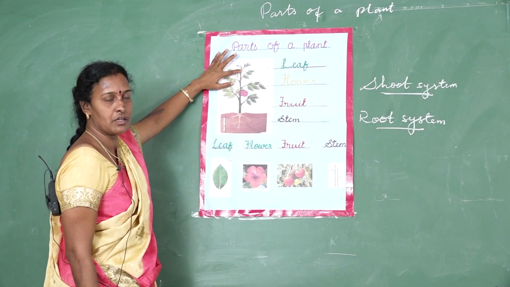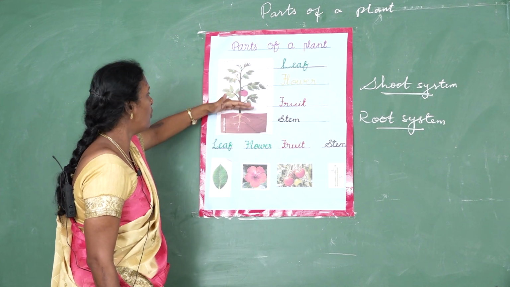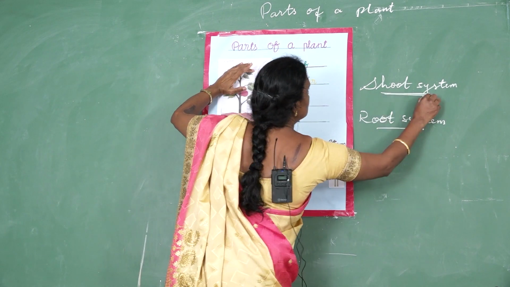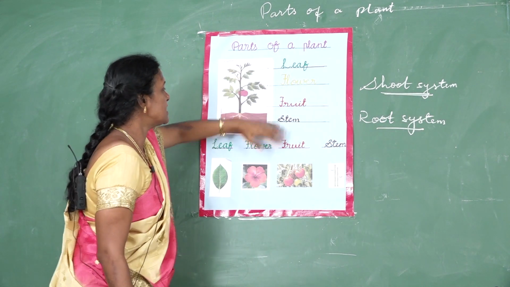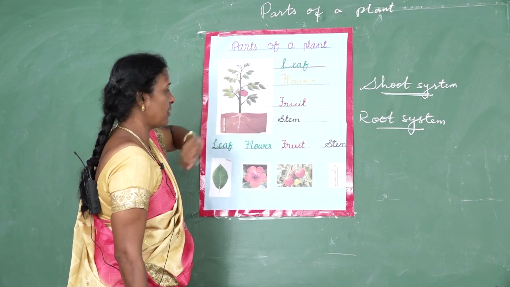What is called shoot system? The part of the plant that grows above the ground is called shoot system. It consists of leaf, flower, fruit and stem.